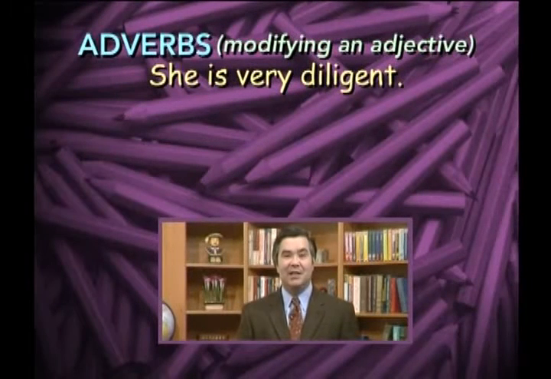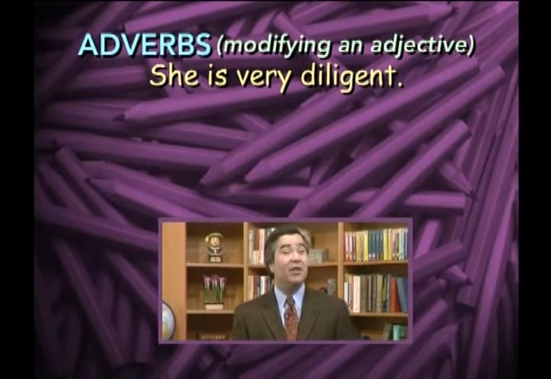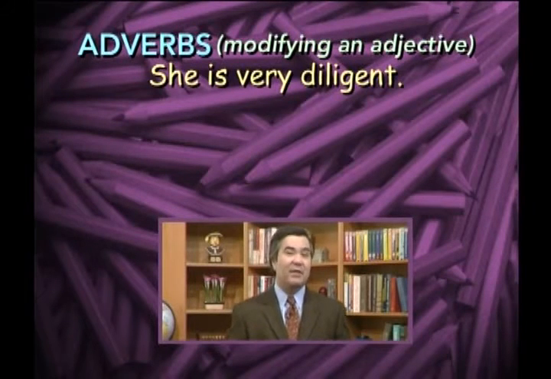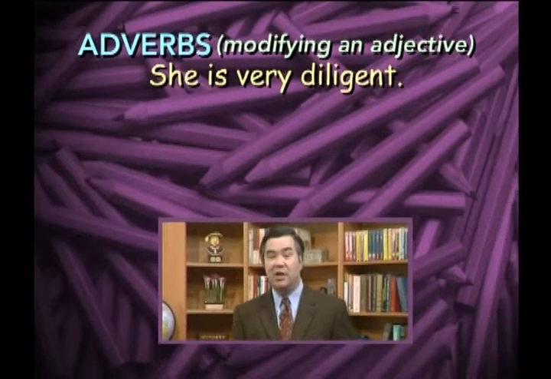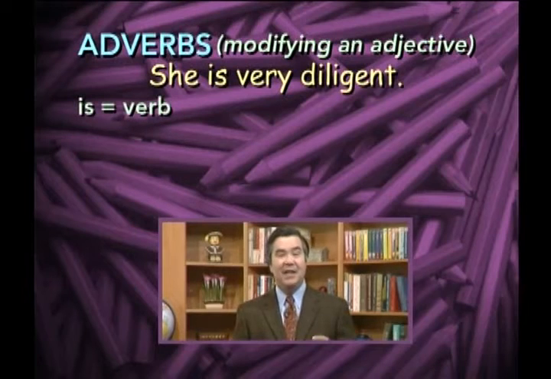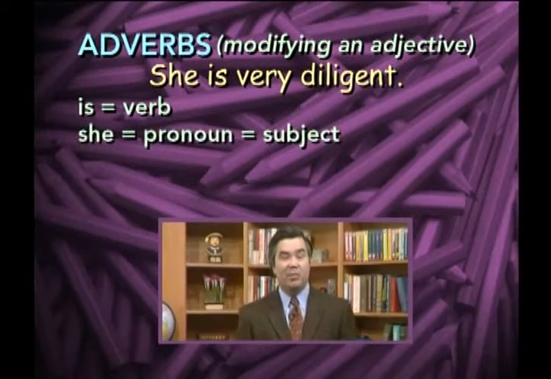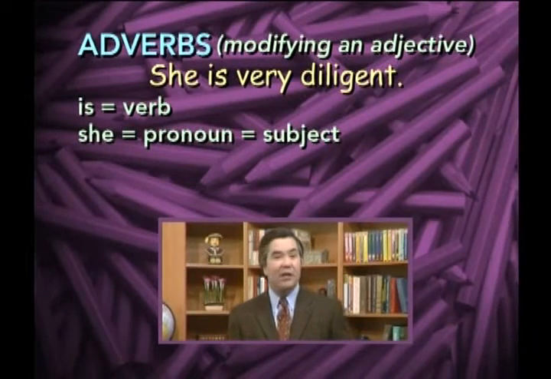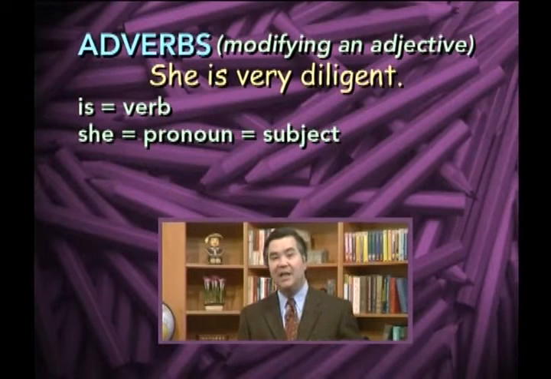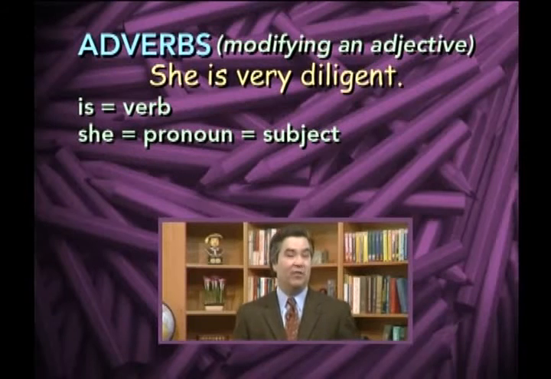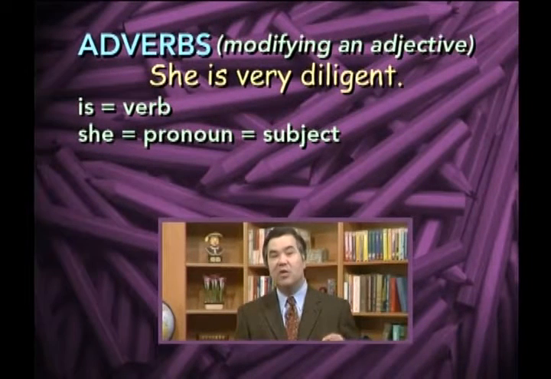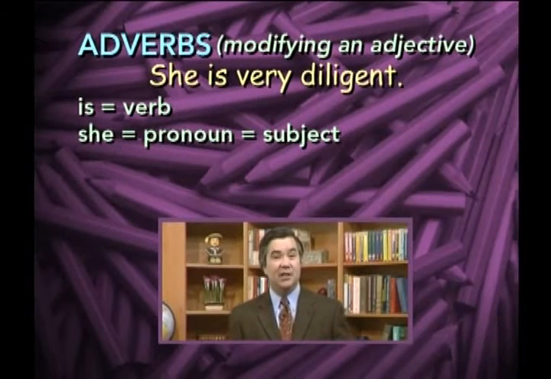Here's another sentence: she is very diligent. Here we have a sentence with a slightly different structure. The verb in this sentence is. The subject is the pronoun she. Now, the difference between the verb is and the verb works is the following. Works is an action verb. An action verb describes something that the subject does. Is a linking verb.